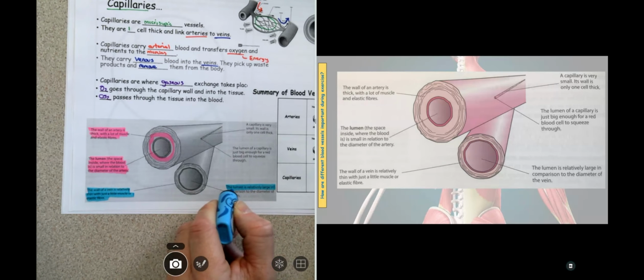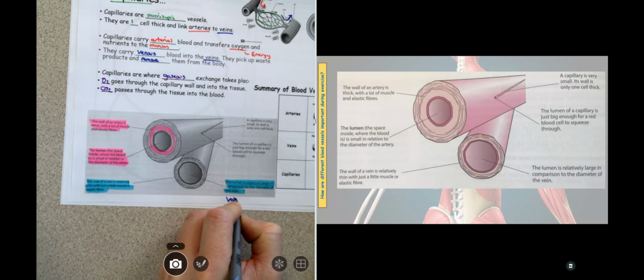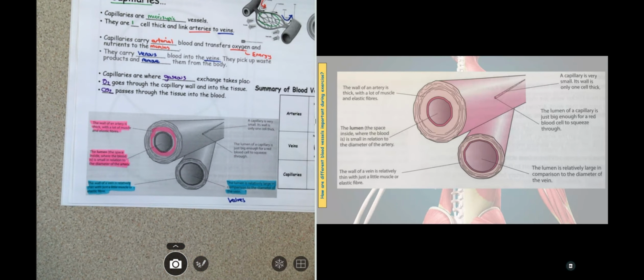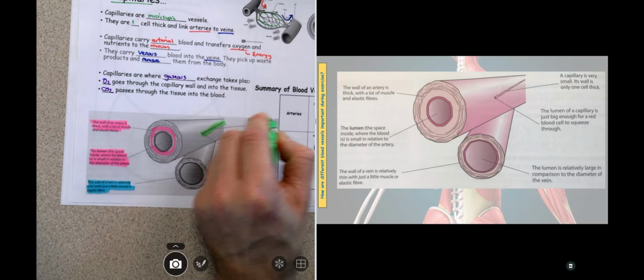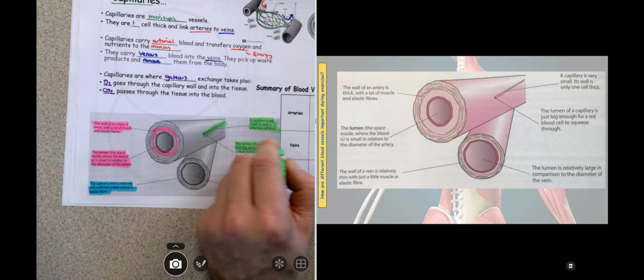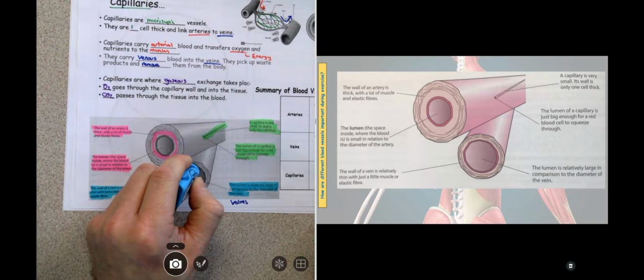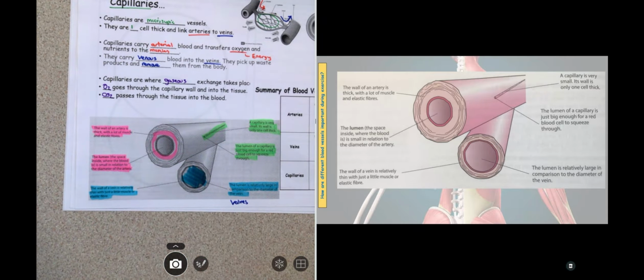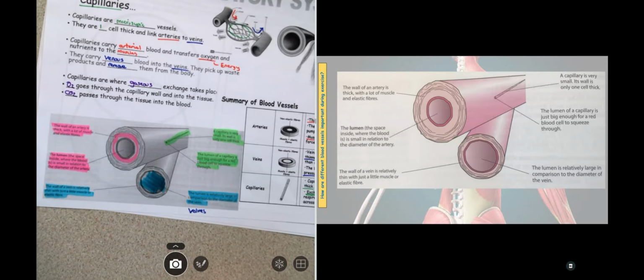The lumen's a little bit larger in these, but these are going to have valves to prevent backflow, which I'm just going to write on there as well. And then your capillaries, you can see, very, very small. Only 1 cell thick. And it's just about big enough for a red blood cell to squeeze through. Okay, so again, summary of your blood vessels just in those two there.